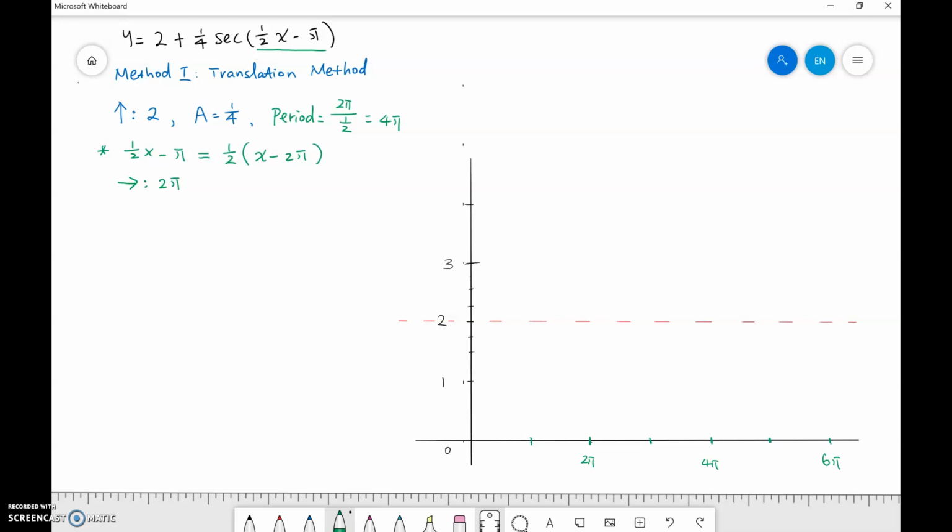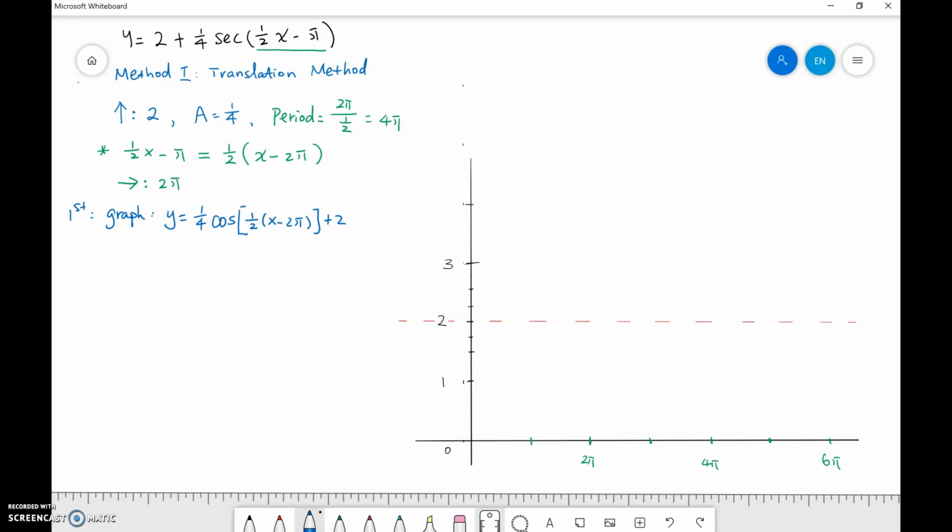So first, I'm going to graph the parent graph, which is y equals 1/4 cosine of (1/2 x minus 2 pi) plus 2. According to the method, shift up 2 units, so that's why my dotted line starts at 2.